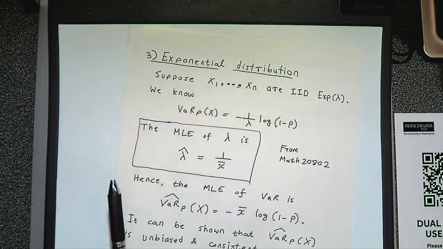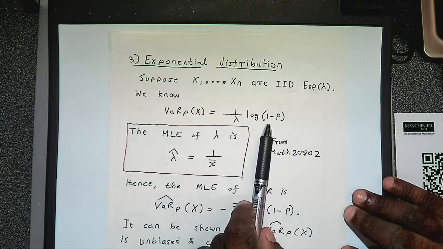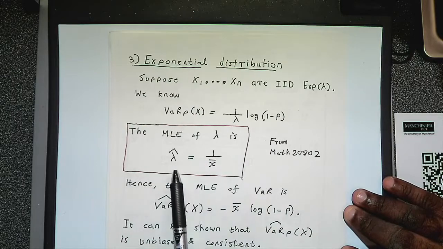Suppose these are the losses following the exponential distribution. Then the VaR is given by this formula, and the MLE for lambda is this, and hence the estimator for VaR is this.